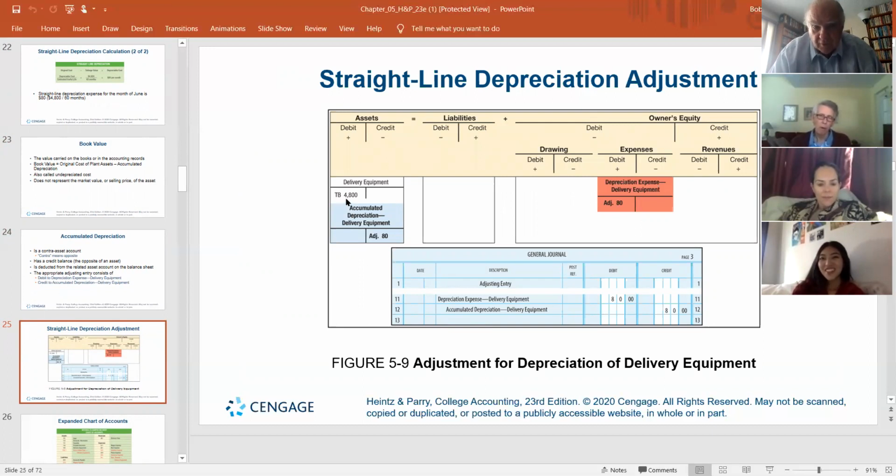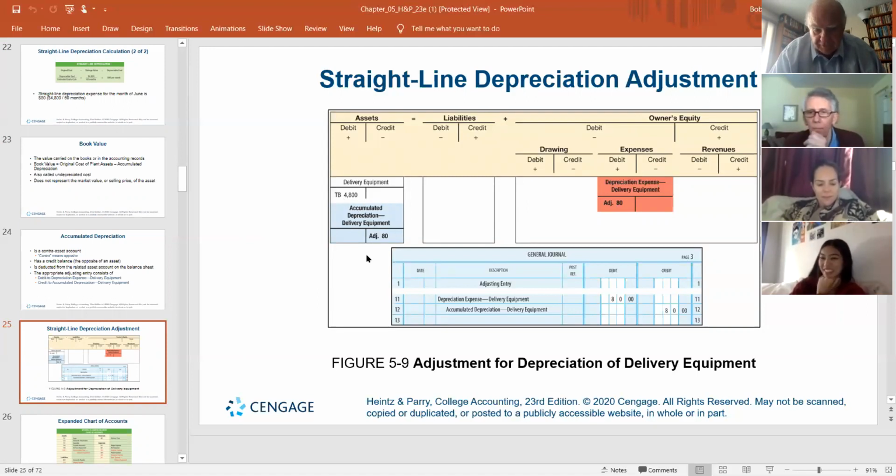What does change, though, is the net book value. The net book value is going to be reduced $80 a month for the next 60 months. So our journal entry is going to be a debit to depreciation expense 80 and a credit to accumulated depreciation. We're never going to touch the original cost of the asset, but we're going to keep offsetting it with the accumulated depreciation.